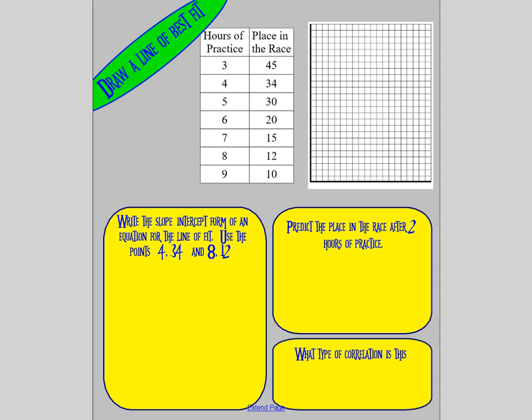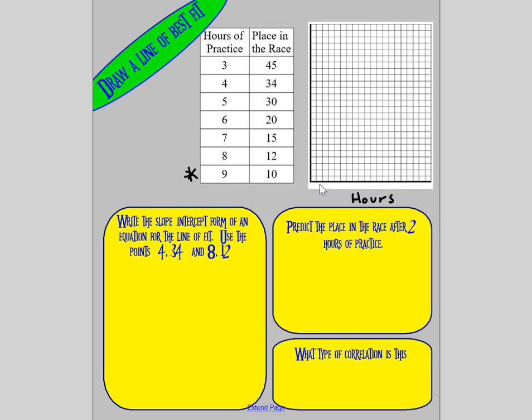Let's go ahead and use this as an example. So here it says to draw a line of best fit. So we're going to go ahead and plot these points here. We have hours, and then we're going to make our graph. We need to get up to 9 hours here.